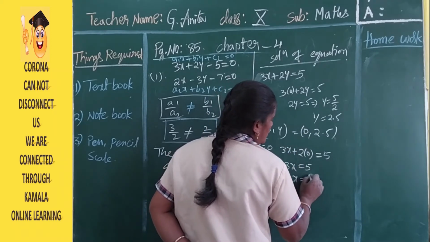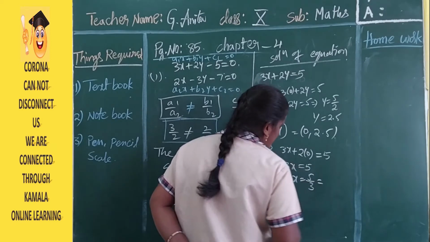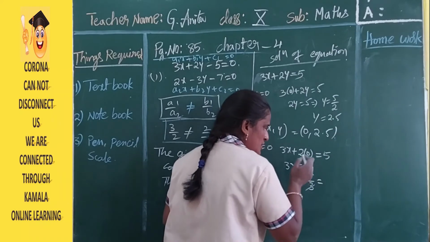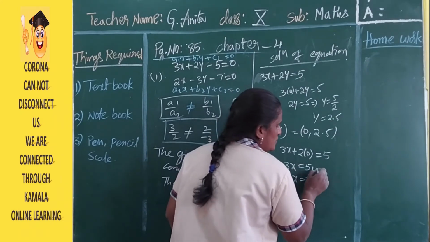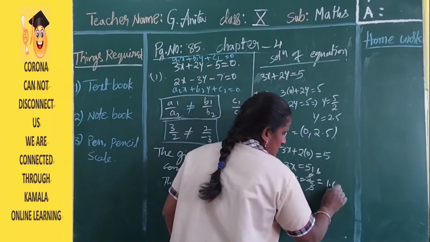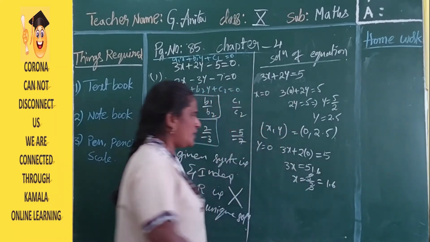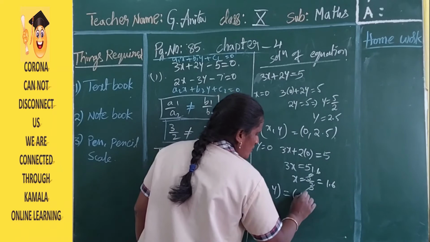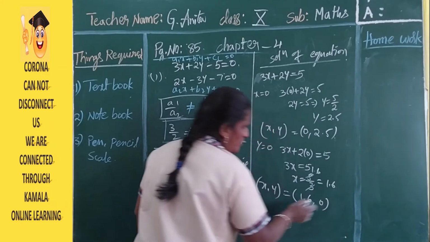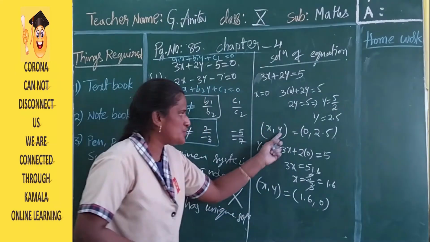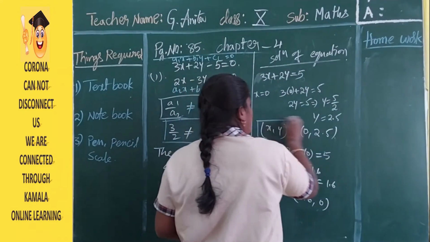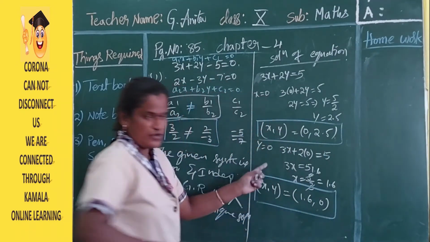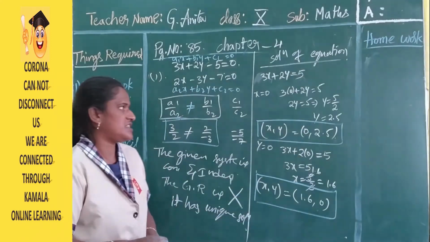So x is equal to 5 by 3, which is about 1.6. So the x comma y values are 1.6 comma 0. These two are the solutions of the first equation.